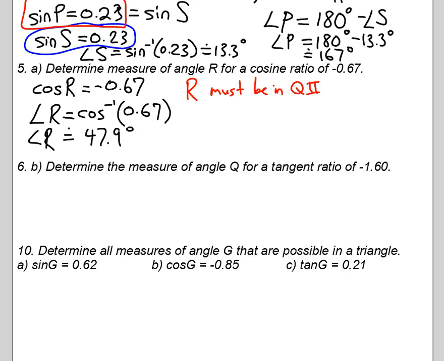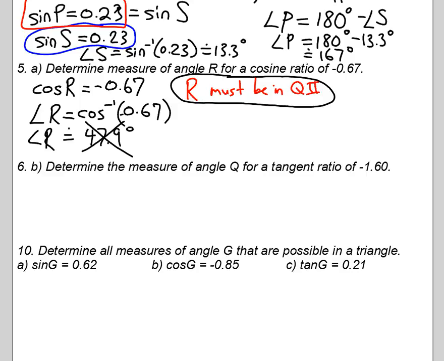Ha! I made a mistake, and you probably caught it. It wasn't 0.67, it was negative 0.67. Now, if you hadn't caught that, and you got an answer of 47.9 degrees, you might have thought, it's all good, move on. But had you made this initial observation or prediction, that should have stood out as a big error, because 47.9 degrees is not in quadrant 2.